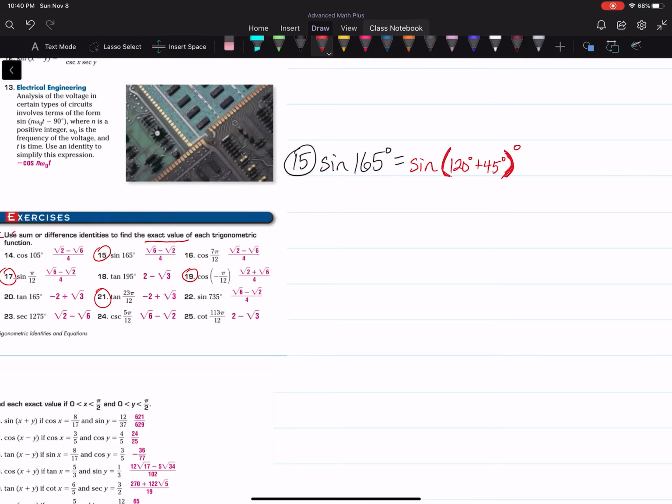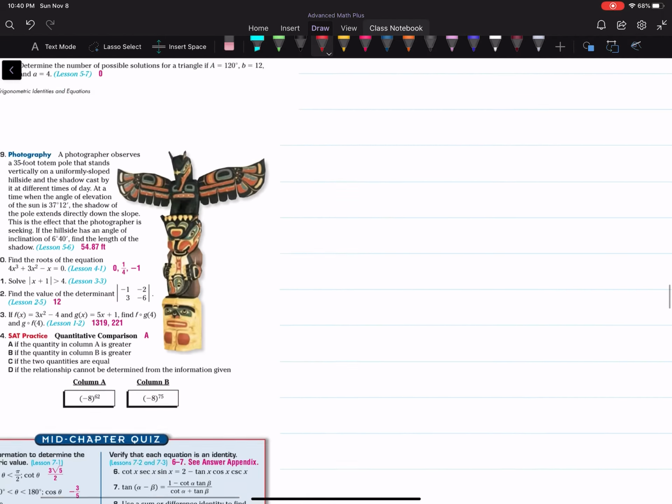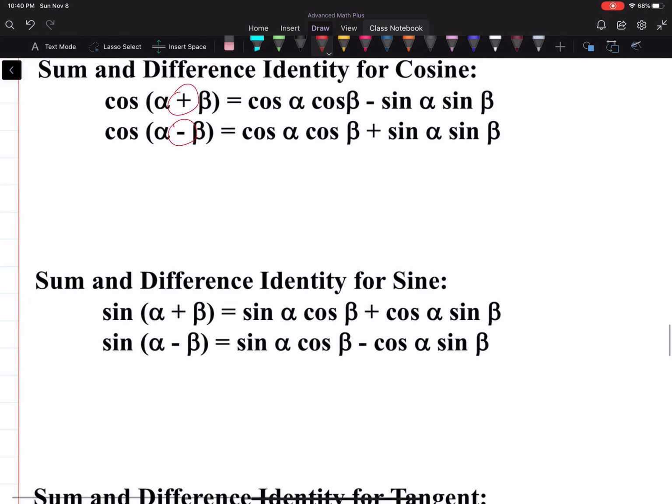Then I'm going to use, this one is sine and we're adding, so I'm going to use this one right here. Alpha in my problem was 120, beta is 45, and you just basically plug it in.